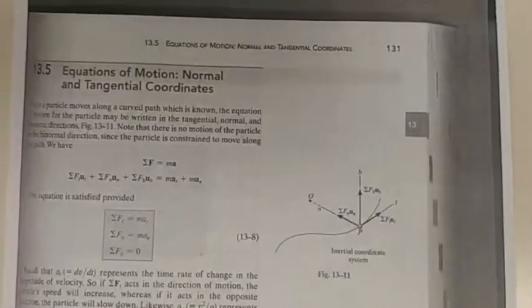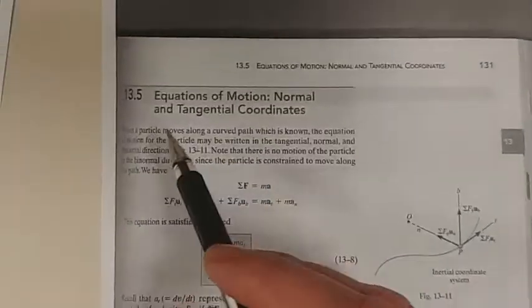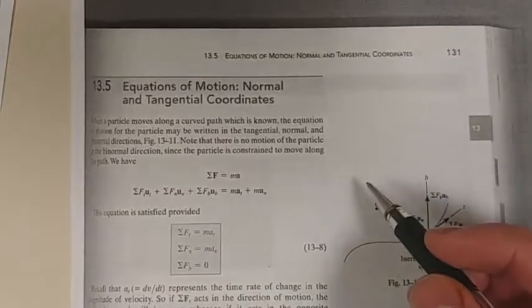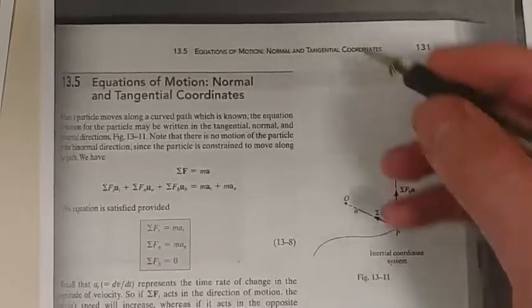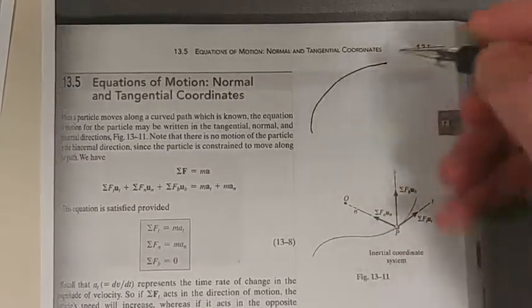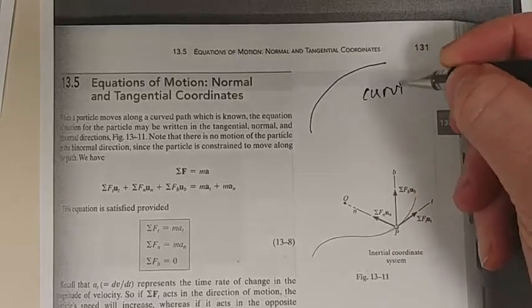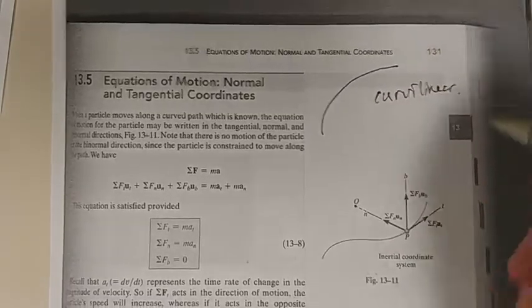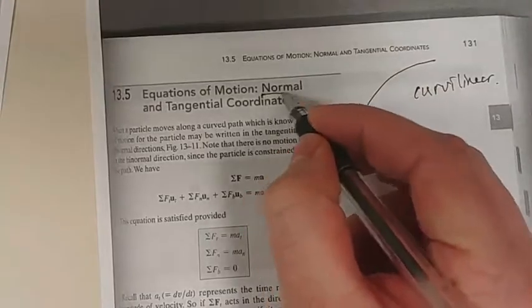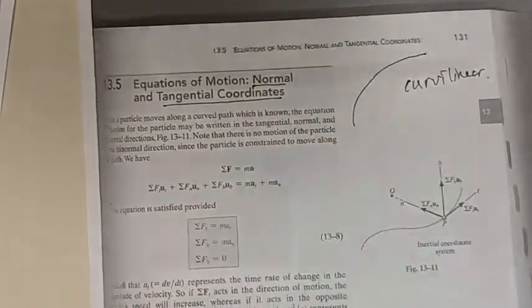In the same way, now we come to chapter 13.5, and what I said in the previous video is that if we've got curvilinear motion, in general, we are going to use normal and tangential coordinates.